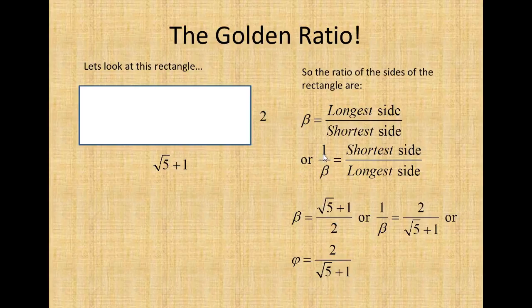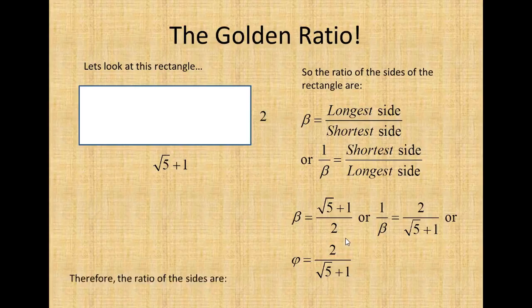Therefore, the inverse of beta is 1 over beta, which is equal to the short side divided by the longest side. So beta is the longest side divided by the short side, which is square root of 5 plus 1 divided by 2, and the inverse is 1 over beta, which is equal to 2 divided by the square root of 5 plus 1.